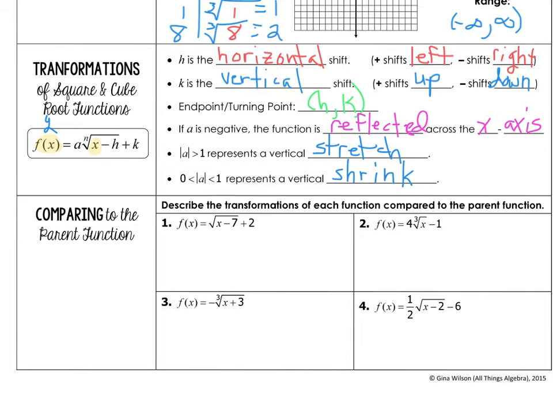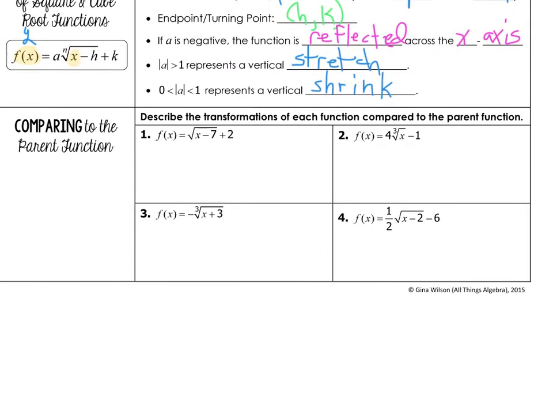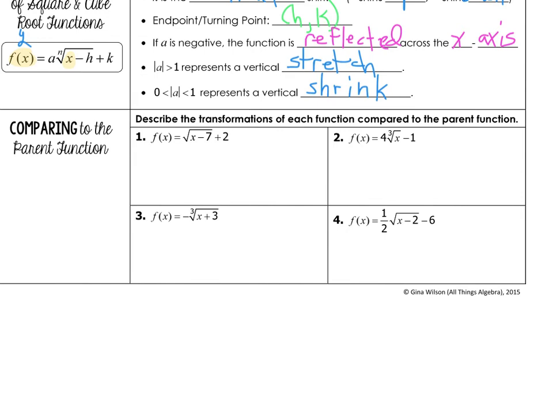Then let's go ahead and look at some equations and use what we learned above and compare those transformations. The first thing I want to note here is the endpoint or turning point. As you look at this equation, I don't even have to graph it. I know that this is going to be my h and this is going to be my k.